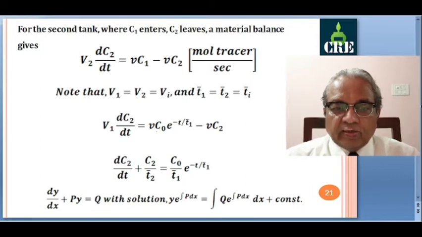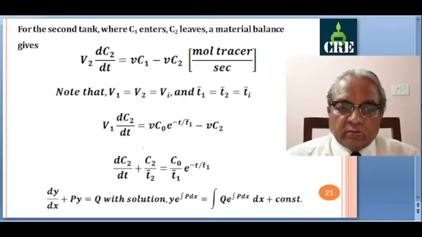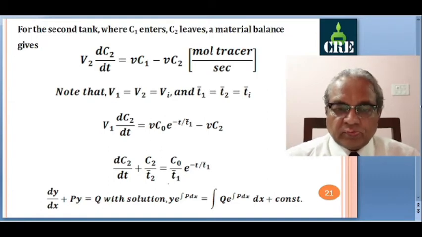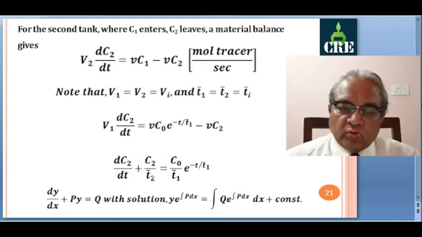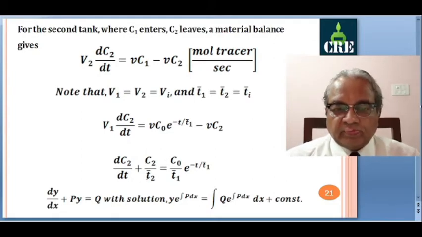If I divide this by V1, I get T1 bar in the denominator, because V1 by V is tau or T1 bar. Similarly, this should be divided by V2 to get T2 bar, and V1 is equal to V2. So we write T2 bar, and these are same. Finally, we are going to write it as Ti bar.